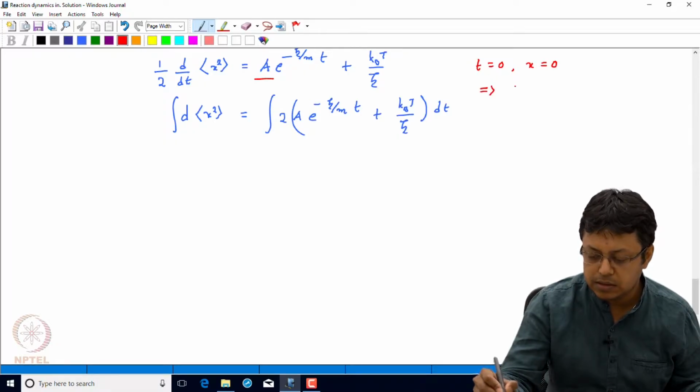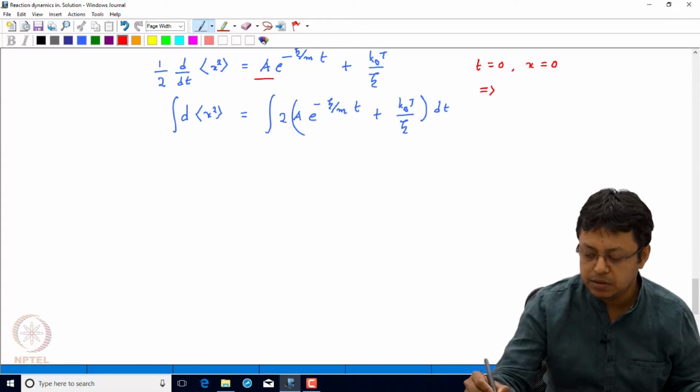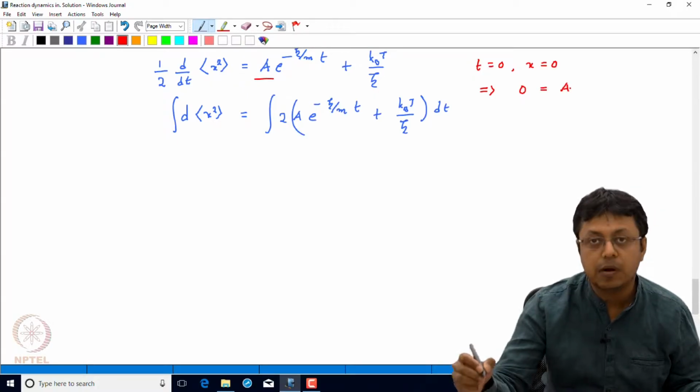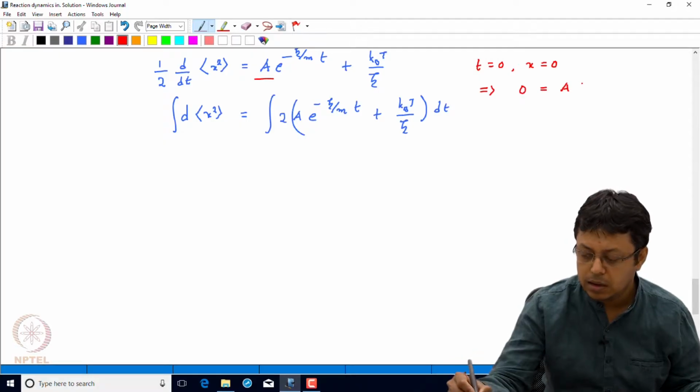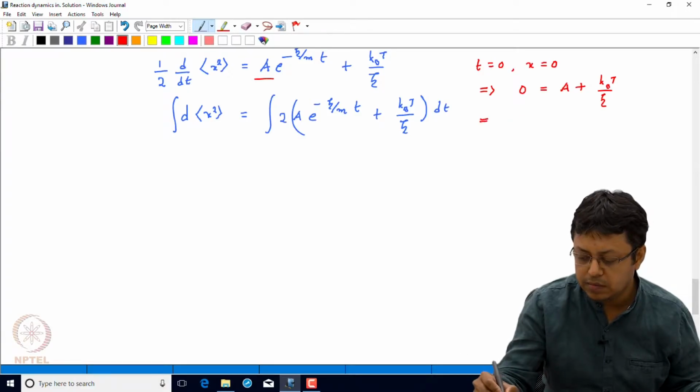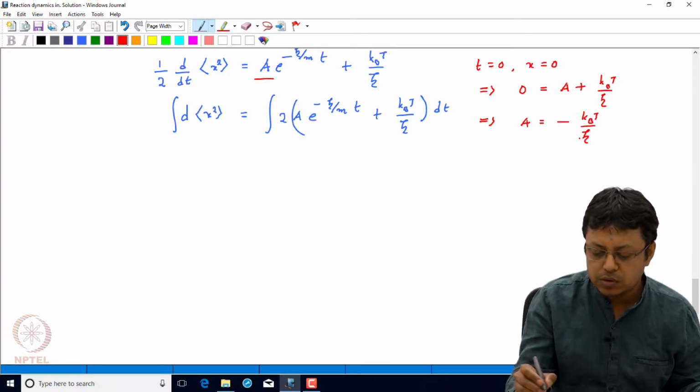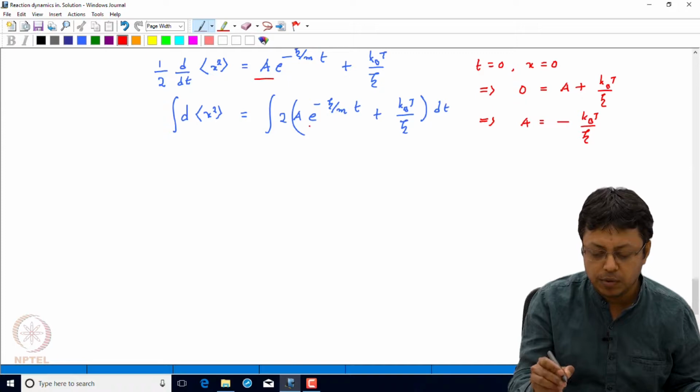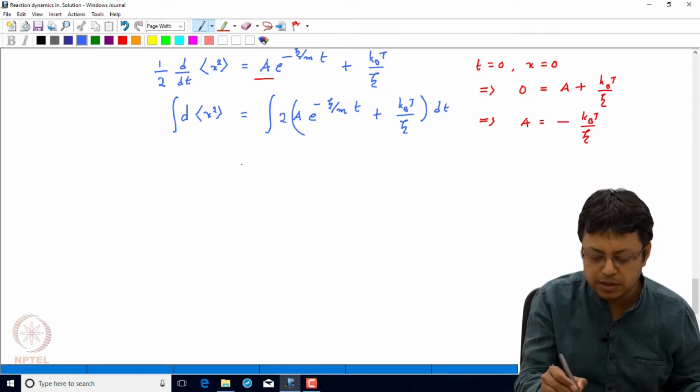So the left hand side will be 0, and that is equal to a times e to the power minus 0, which is 1, plus kBT by zeta. So that gives us a is minus kBT by zeta, which we can easily incorporate here and then do the integration.